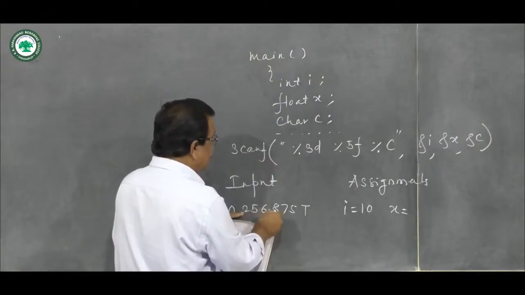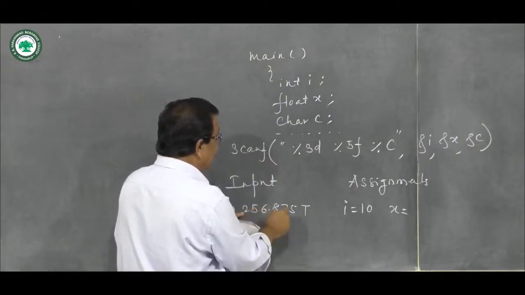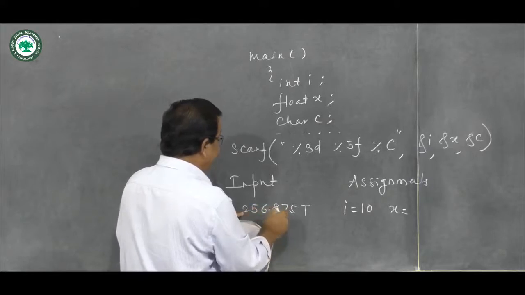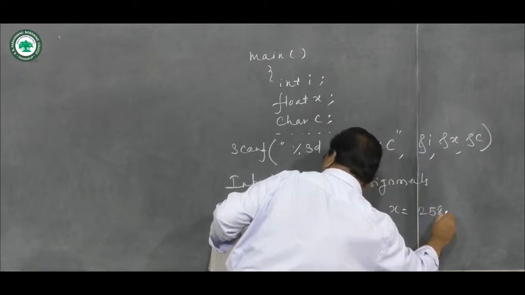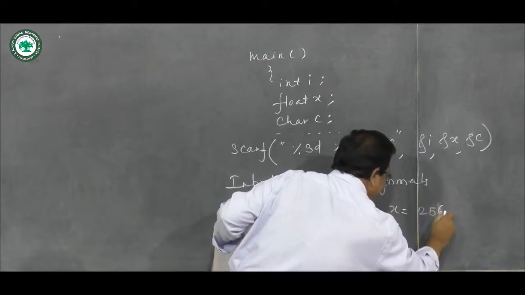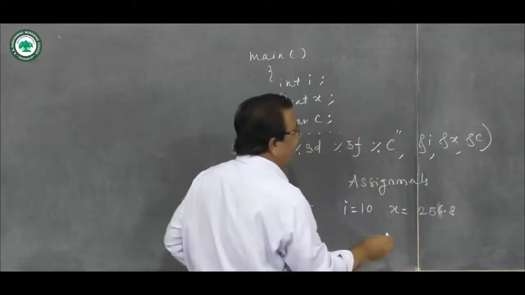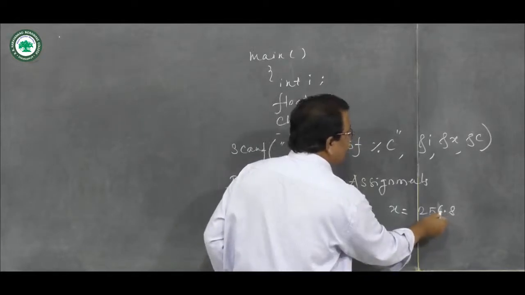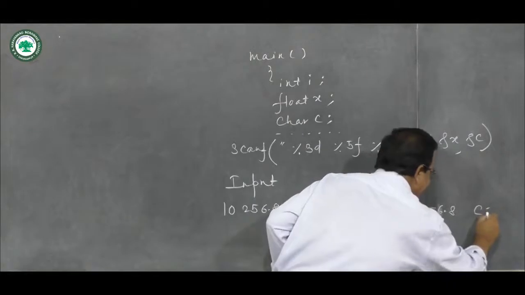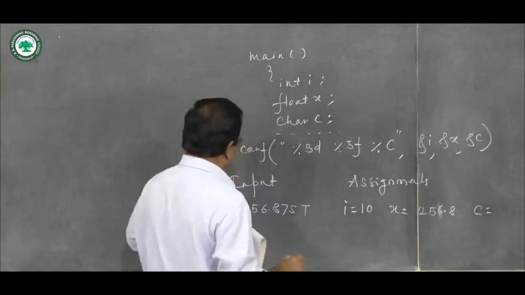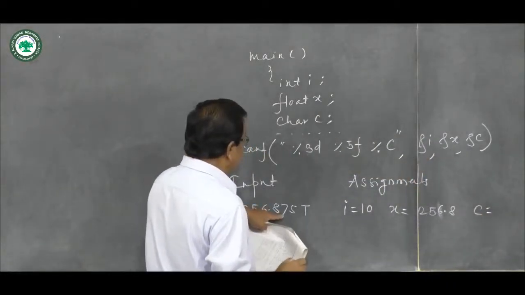So it will store this floating point number as 256.8. These are in all 5 characters. And then in c, the next character will be stored.